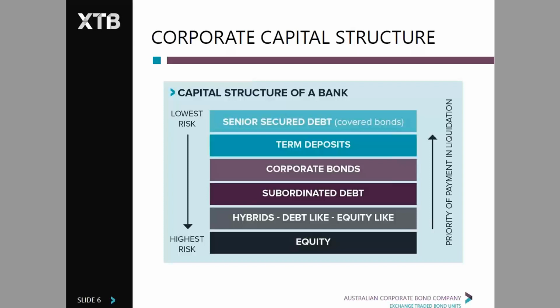Hybrids about 6 to 7%. Obviously, tier 1 hybrids are more volatile than tier 2 hybrids. The old subordinated debt are all rolling off. There are not very many of those left on the ASX anymore, simply because the regulators don't allow the banks to issue those anymore. And then senior bonds are less volatile and are next to term deposits in volatility.